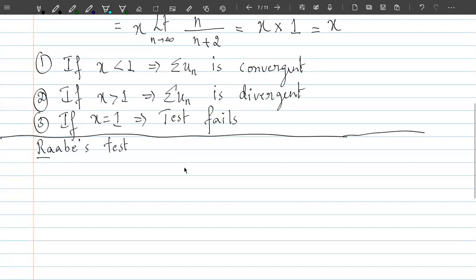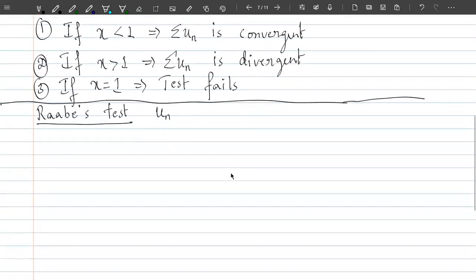So in case of Raabe's test, to check whether the given series un is convergent or divergent, what we do is we calculate the value of the limit n tending to infinity, n into un by un plus 1 minus 1.